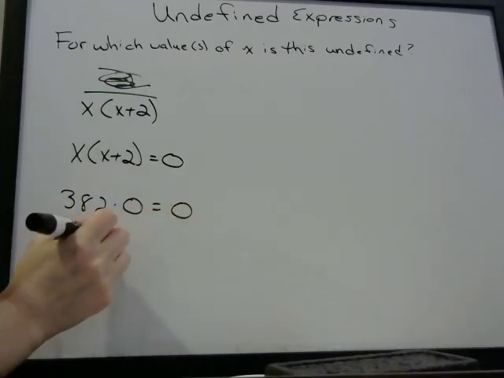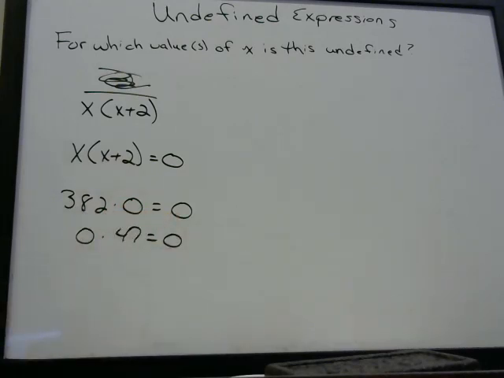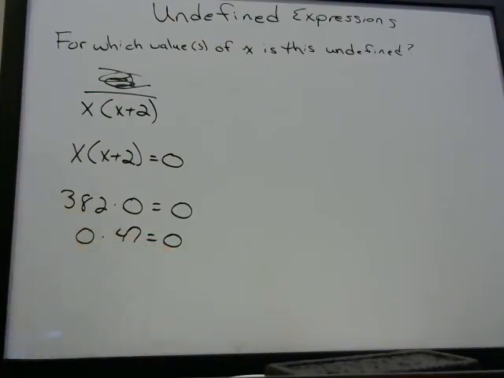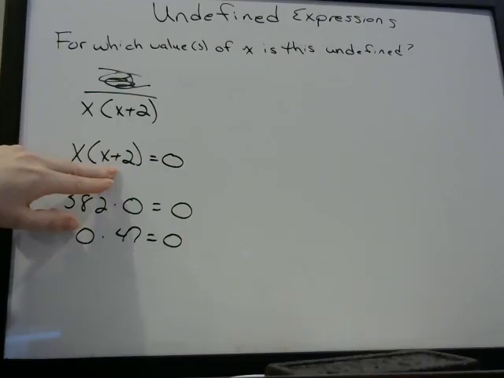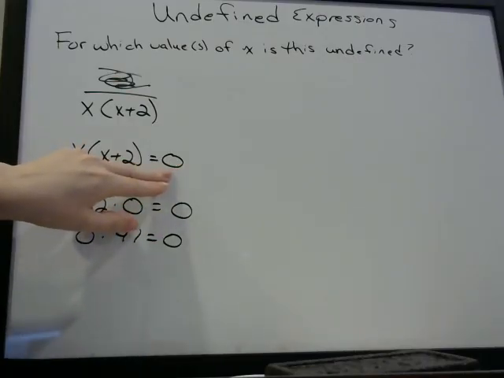If you have 0 times 47, you're going to get 0. If one of the factors is 0, you're going to get 0. So if you think logically about this expression, when one of these equals 0, then when you multiply them together, you're going to get 0.